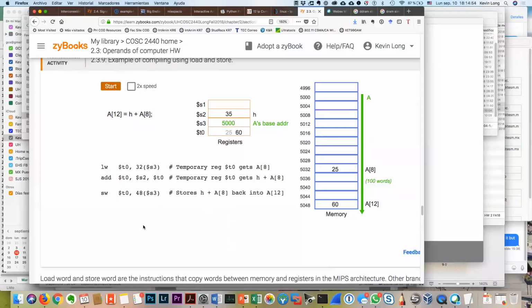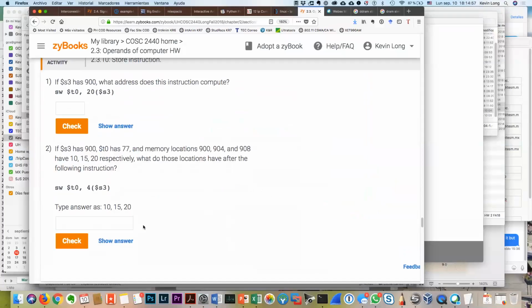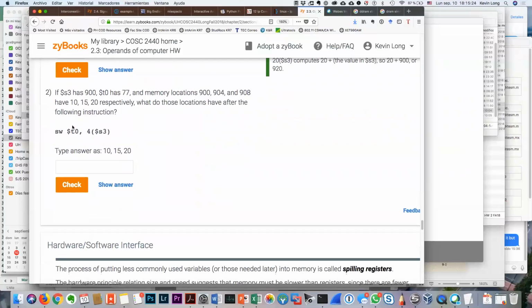All right, makes sense? Okay, S3 has the value 900. What address does this instruction compute? Don't everybody say it at once. What do y'all think? You think that? I heard that from a couple of people. If S3 has 900, T0 has 77, and memory locations, okay, they're going to lose me on this one.